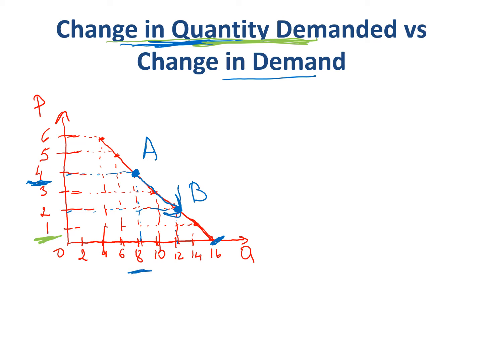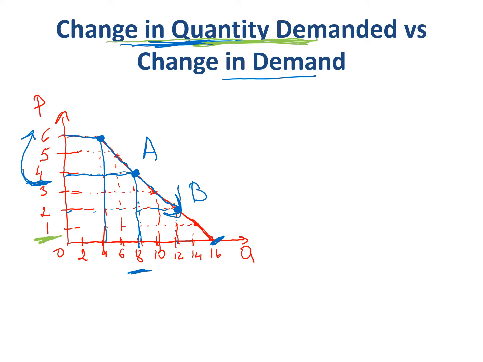Let's suppose that the price of the product has increased, so it went from $4 to $6. What are we going to do? We move along the demand curve from the old price quantity pair to a new price quantity pair.